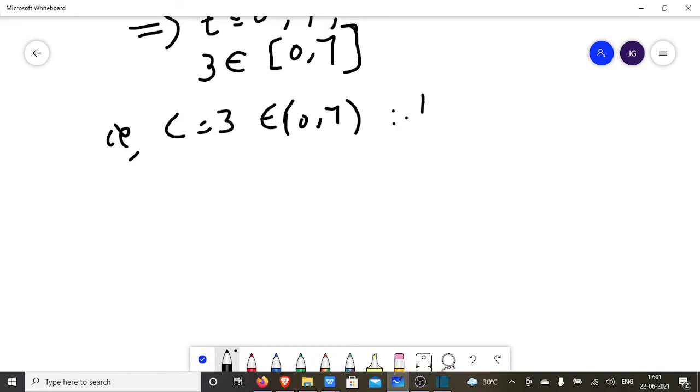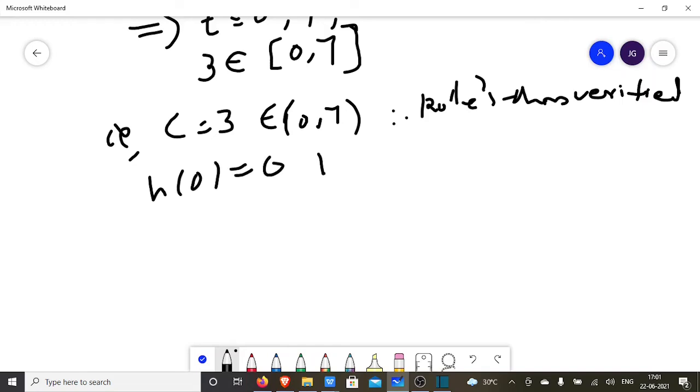Therefore Rolle's theorem is verified. H of 0 is equal to 0, h of 7 is equal to 0, and h dash 3 equal to 0.